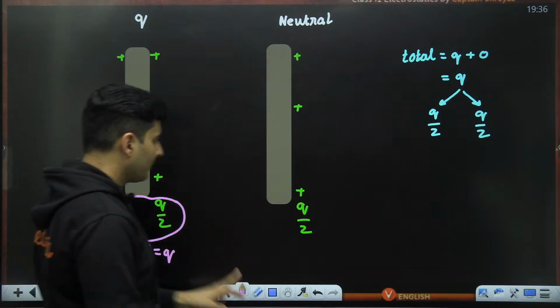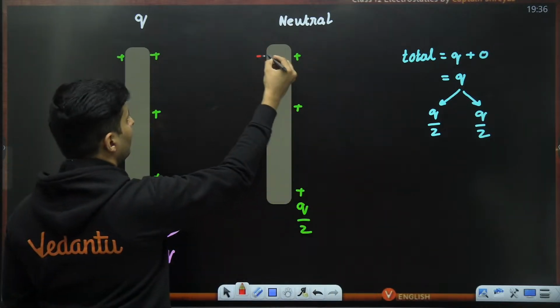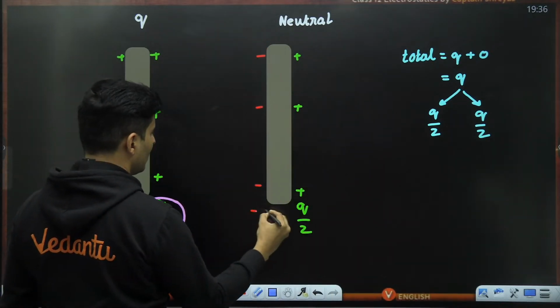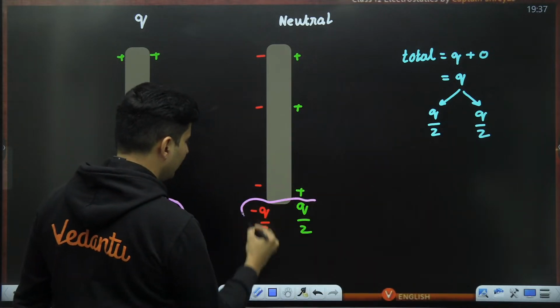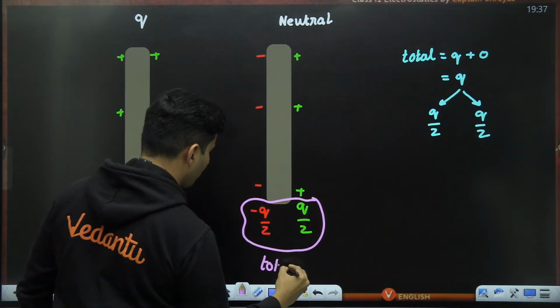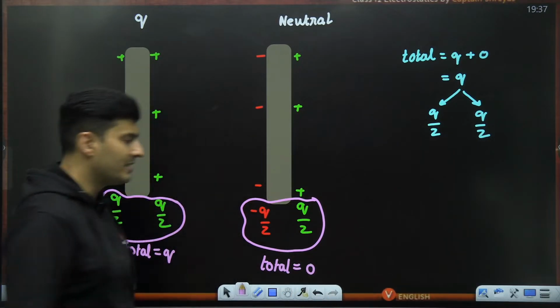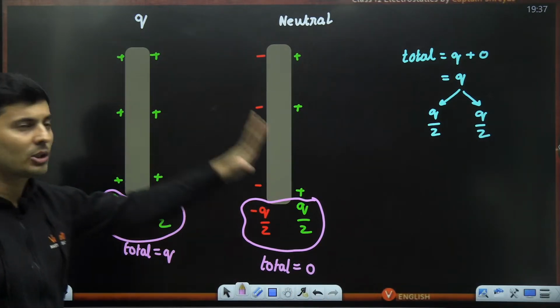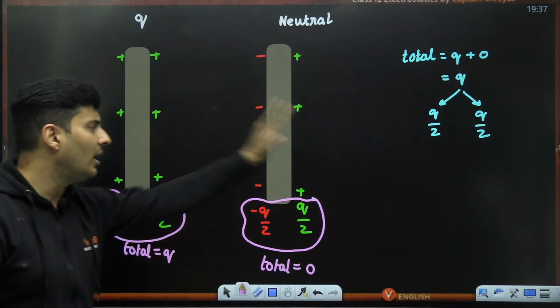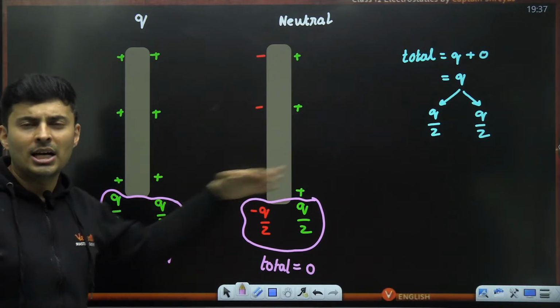This is neutral, so 100% there will be a negative charge of minus Q by 2, so that their total will be 0. Conservation of charge. It's that easy, guys. Take the total charge, divide by 2 and put it on the outermost surface, then use charge conservation.